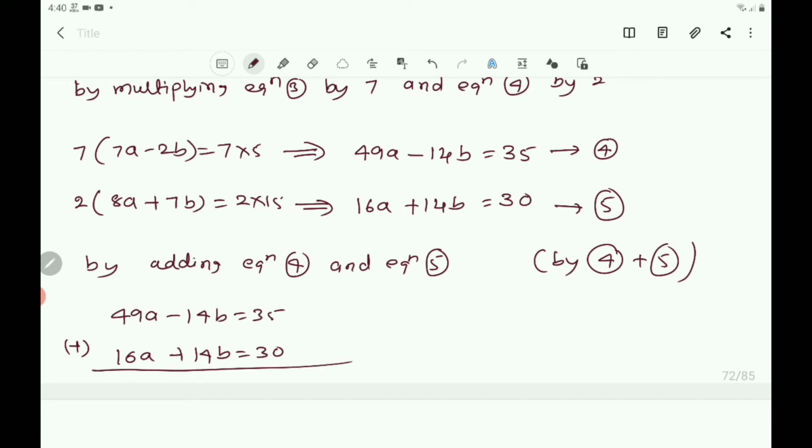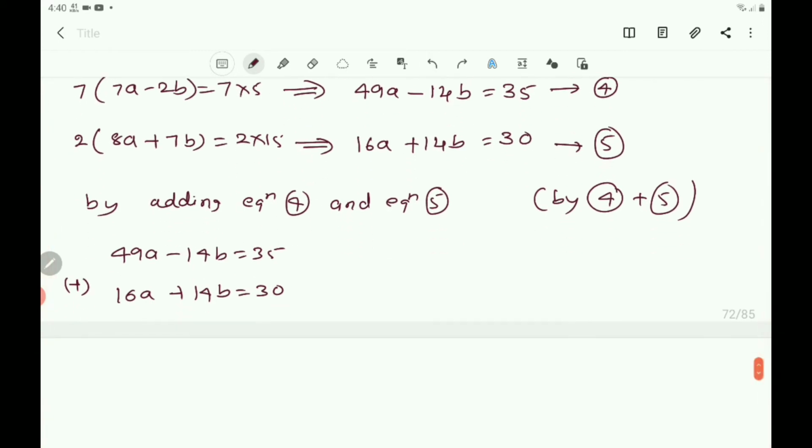So here add them: 49a minus 14b, this is the fourth equation, and this is the fifth equation, that is 4 plus 5.